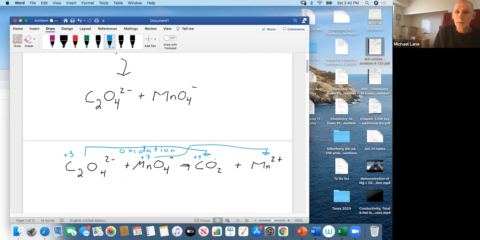It is going down because it has gained electrons. So that is reduction. So if this is oxidation, the thing which brought about the oxidation is the oxidizing agent.